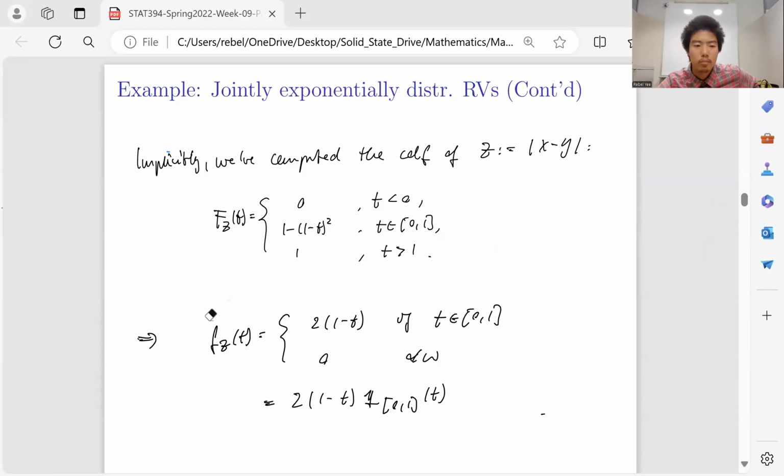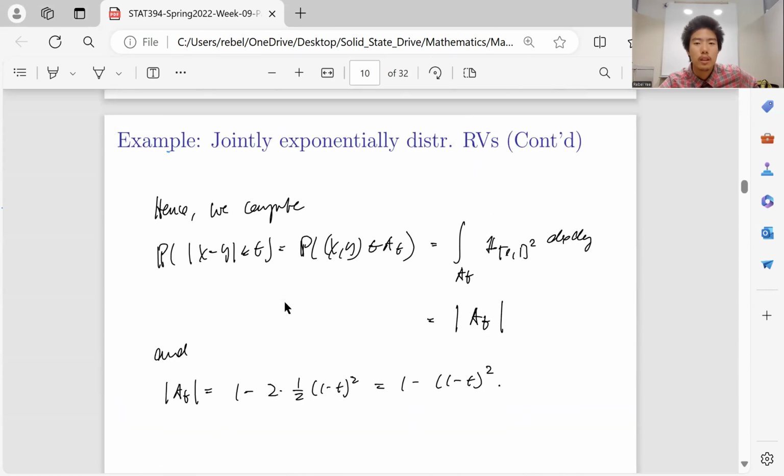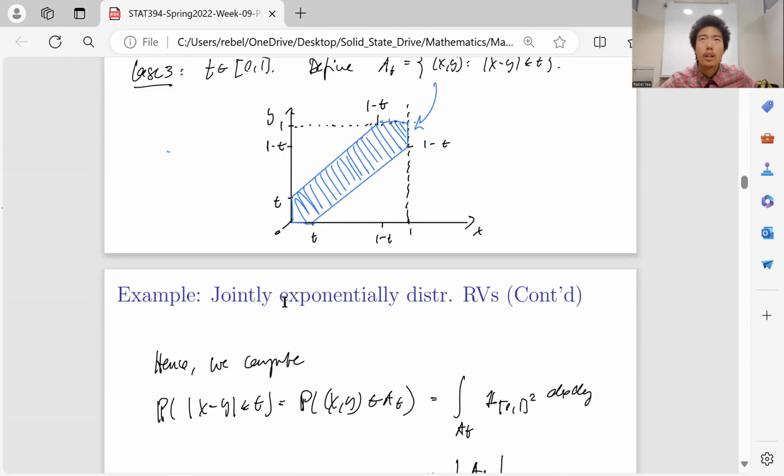So remember, the PDF is the trend of how the probabilities accumulate. When it's very high, it means the probability is increasing very quickly, and when it's very low, it means the probability is increasing very slowly.